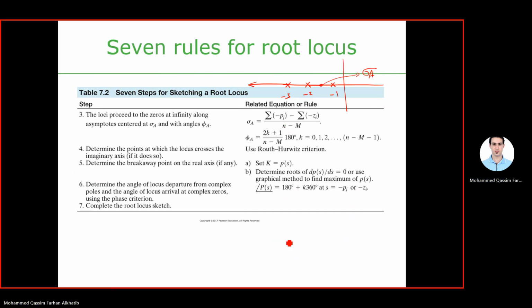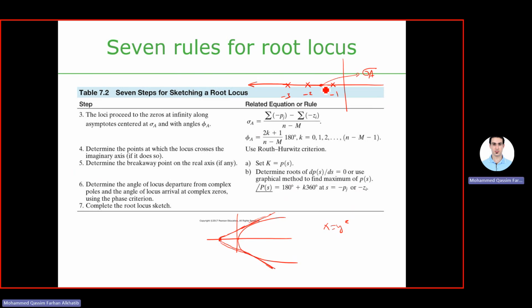For example, let's assume that I have x equal y squared, something like this. So this one is the asymptote. It's tangent to this curve, something like this. In Arabic, we call it al-mamas. So it touches the curve at a certain line.